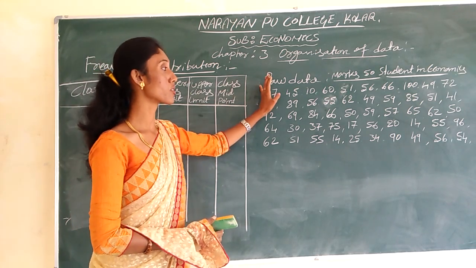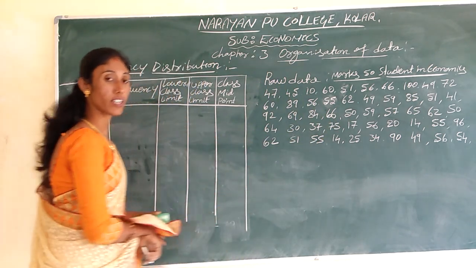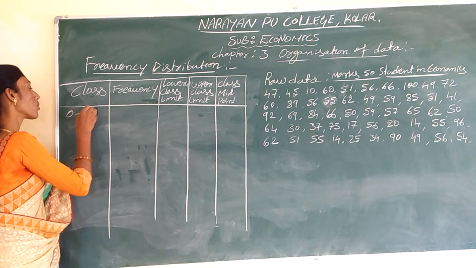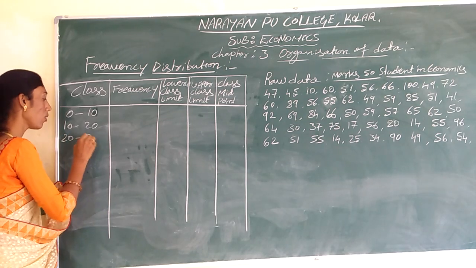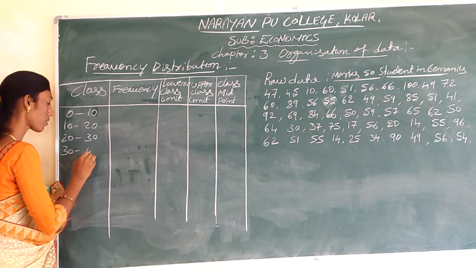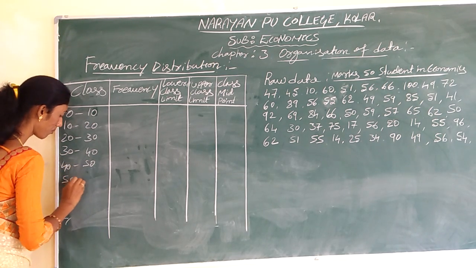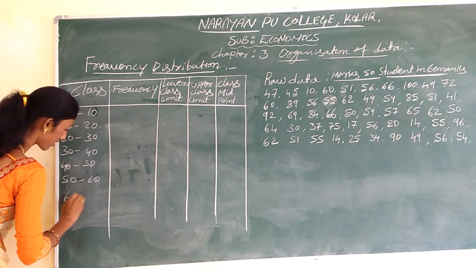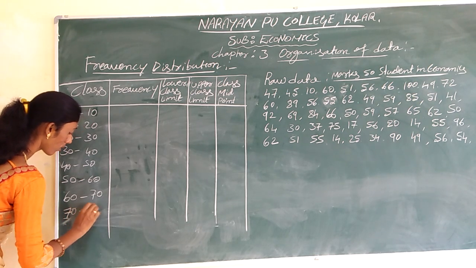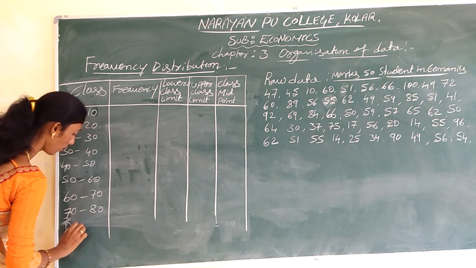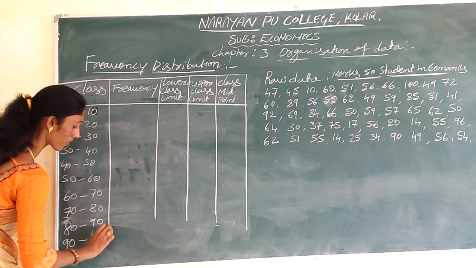Here we have marks from 0 to 100. For a clear explanation of these marks, we need 10 classes: from 0 to 10, 10 to 20, 20 to 30, 30 to 40, 40 to 50, 50 to 60, 60 to 70, 70 to 80, 80 to 90, and 90 to 100.